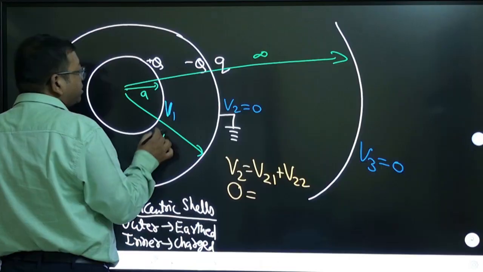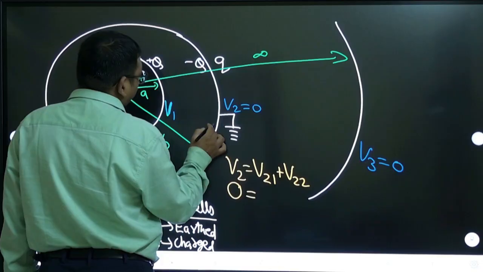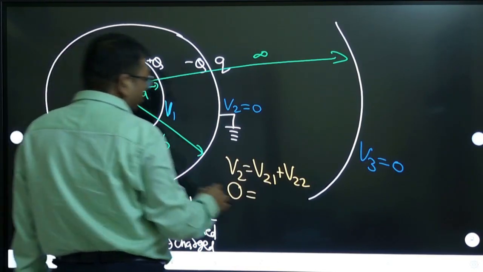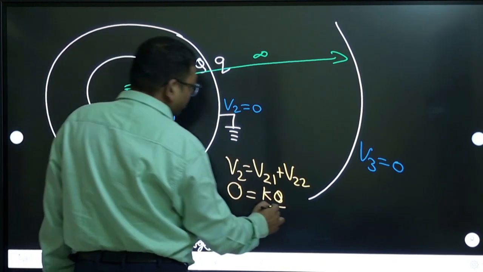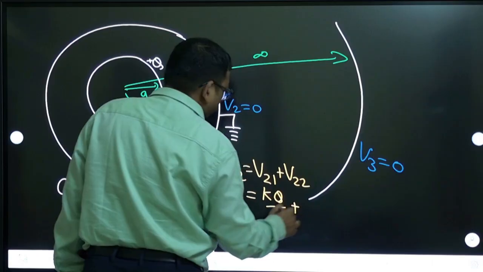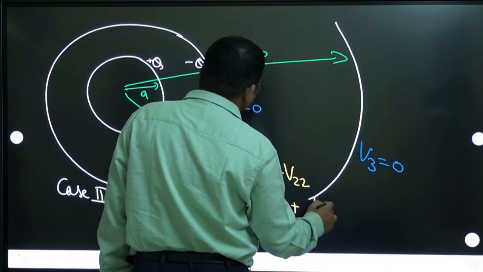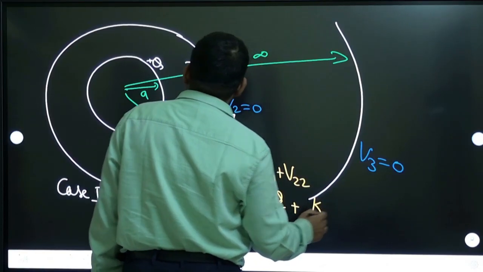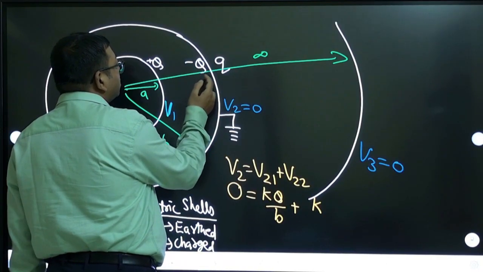So V21 means due to this one, how much potential it will create here. This charge is capital Q. So K capital Q by this distance, which will be B, plus now due to its own surface. So K, this charge is small q, and total charge will be how much?